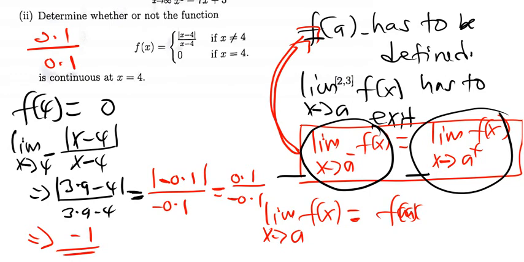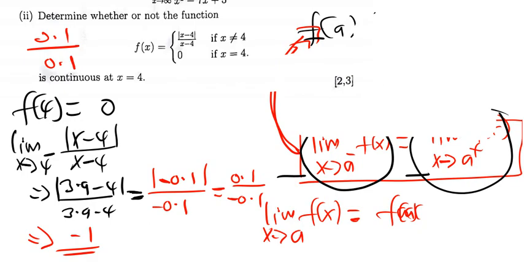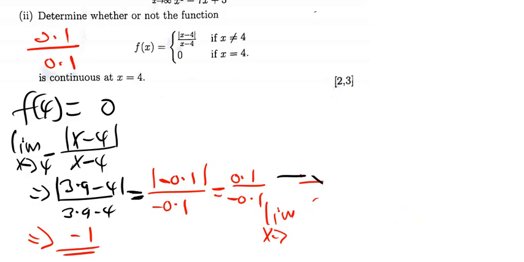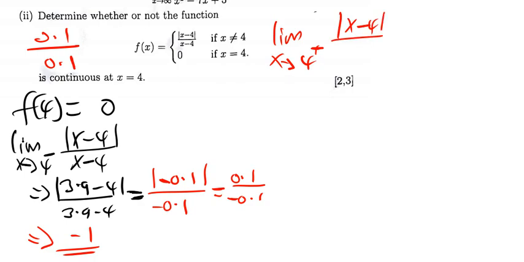I have to do the same thing with the limit as x approaches 4 from the right side. I'll say limit as x is approaching 4 from the right side. I'll still use the same function, the modulus of x minus 4, over x minus 4. The condition is that x should not be equal to 4. So I'll get a number which is near 4, but just a bit greater than 4. I can get 4.1.